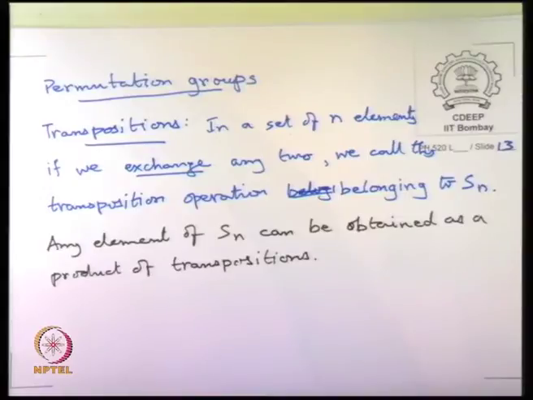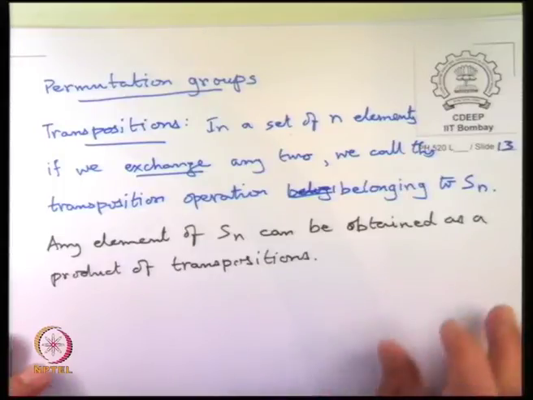And therefore, the set of transpositions, how many elements do we have? NC2, right? I have to choose any pair. So, the NC2 transpositions generate all the n factorial elements of the Sn. And as you know, NC2 is n factorial divided by 2 formula gives you a number smaller than n factorial.